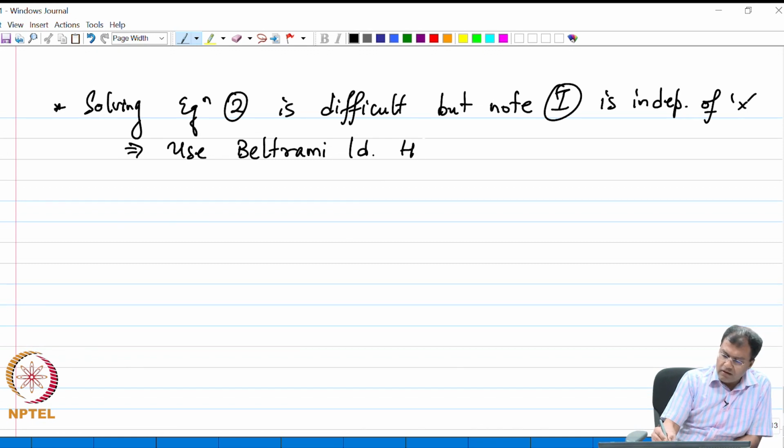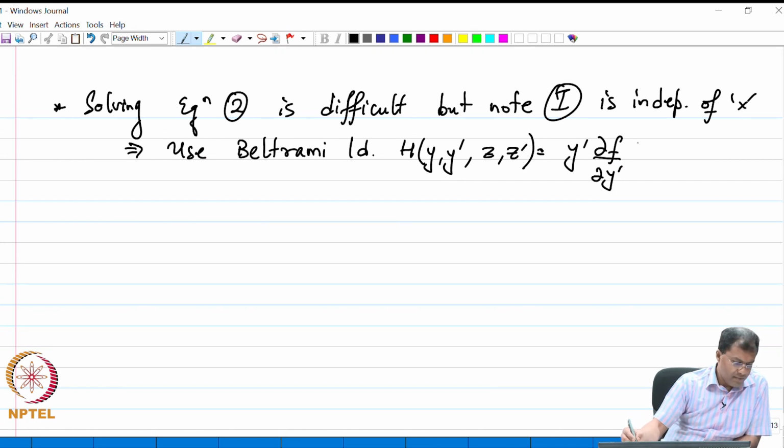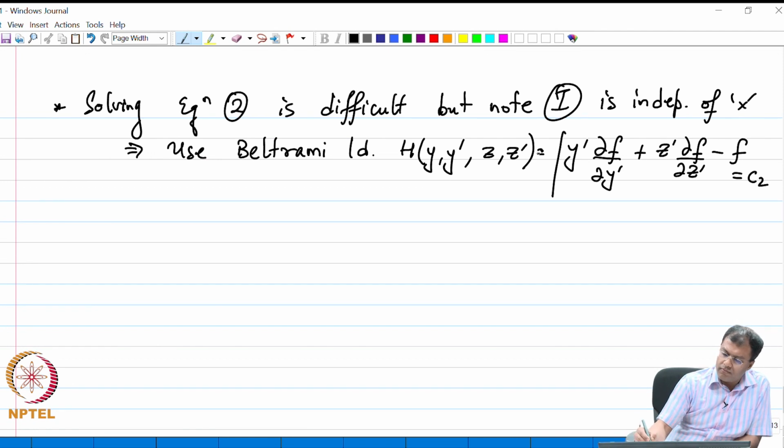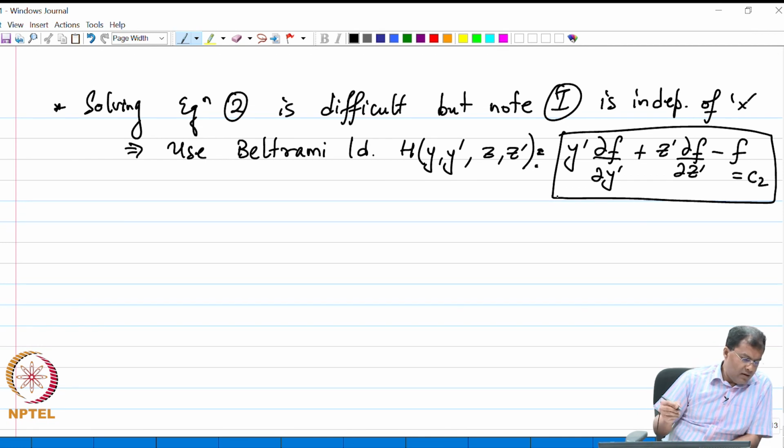In this case we have the identity with respect to two variables y prime, z prime. This turns out to be the following form: minus f is equal to C2. Now we can directly substitute our small f, that is the integrand.